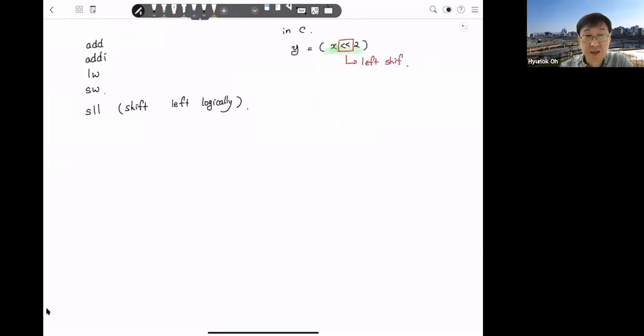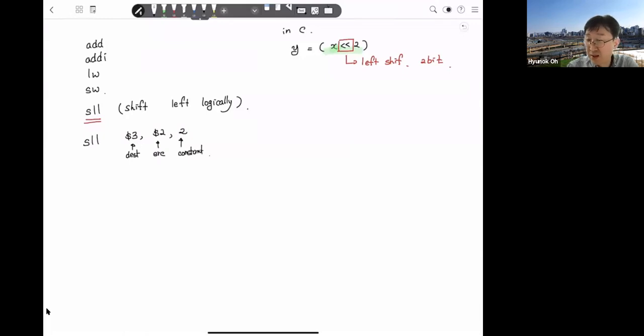How much? 2 bits, right? A 2-bit shift. Similarly, in MIPS this is shift left logically. This has a destination, a source register, and a constant, 2 bits in this case.